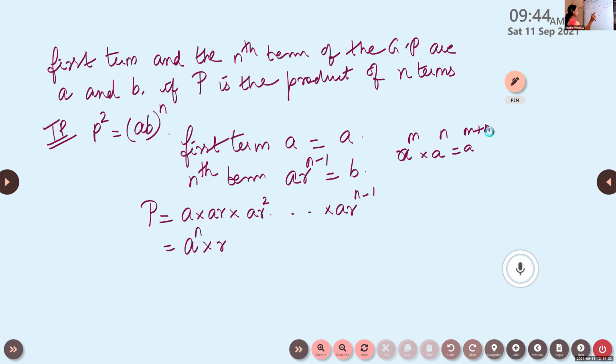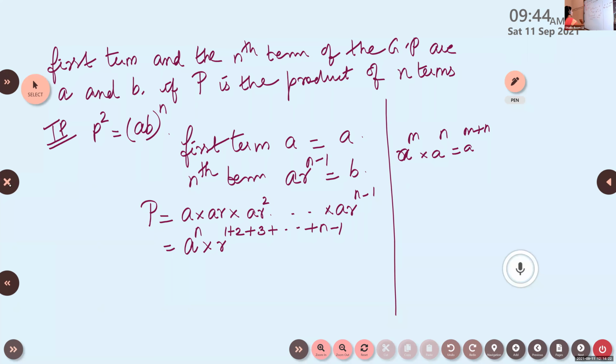So here when we add the powers, we'll get 1 plus 2 plus 3 plus etc., up to n minus 1. Up to this, is it okay? A raised to n into r raised to 1 plus 2 plus etc., up to n minus 1. What is the sum we have learned last year?